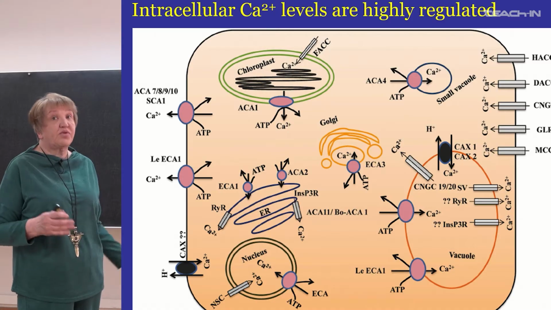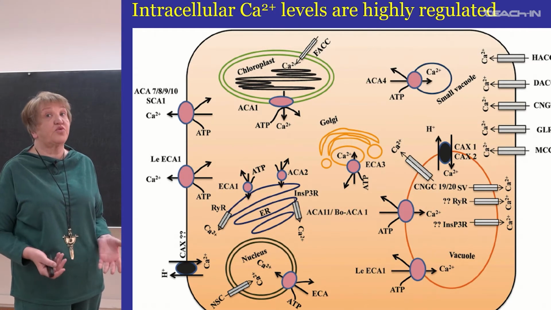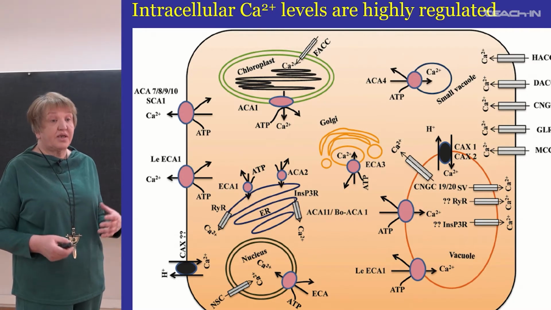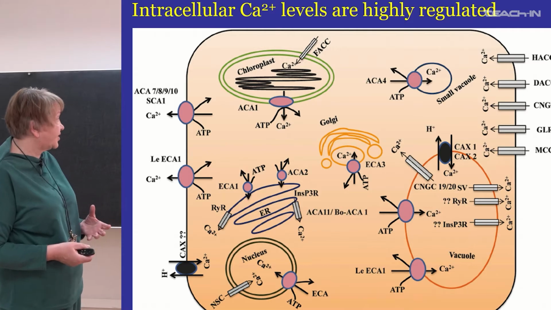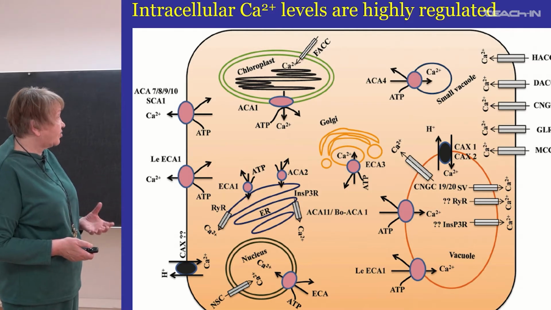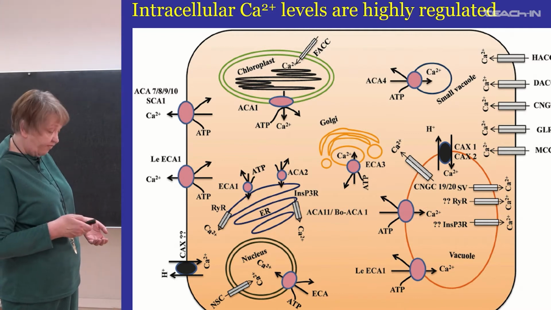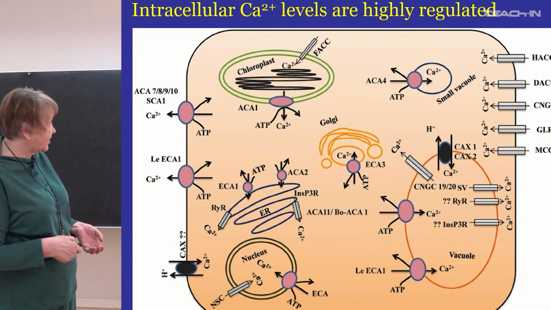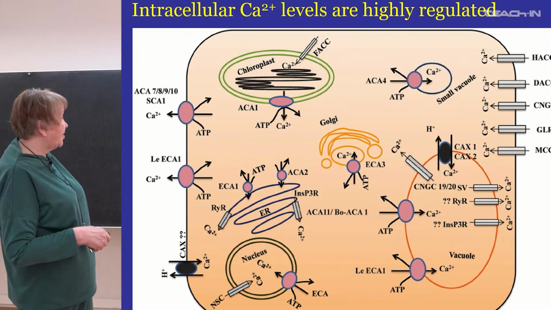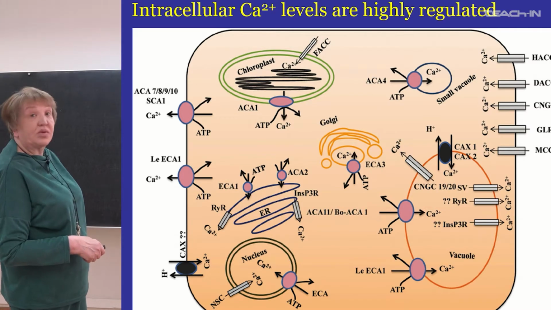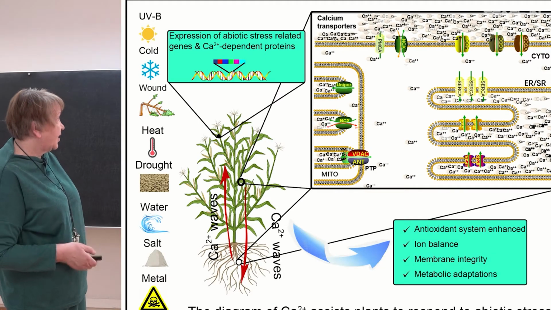So in both animal and plant cells, there are plenty of transporters that maintain this concentration difference. They include calcium ATPases and plenty of calcium channels and transporters and antiporters, both on the plasma membrane and on the organelle membranes.